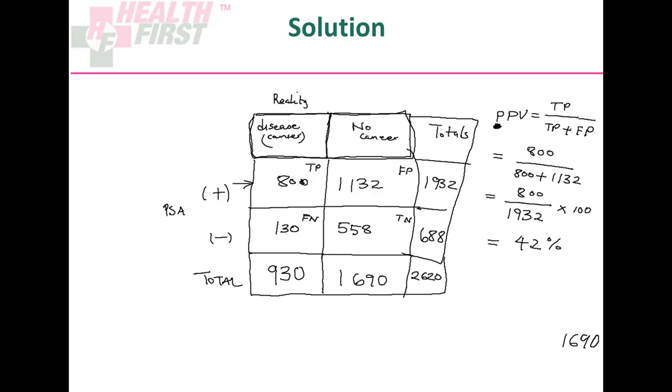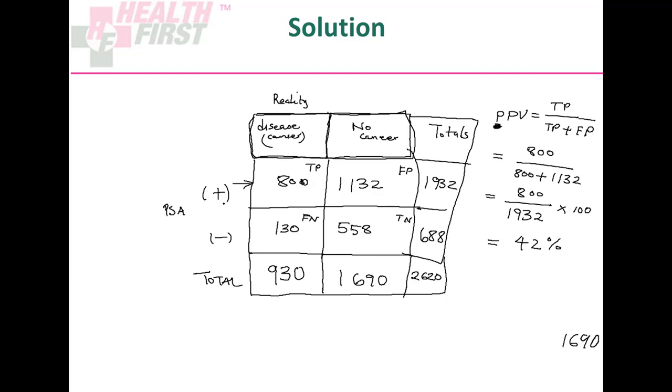So the question also says, what does this mean? So this means that in this particular study, the probability of having biopsy-proven cancer was 42% given a positive test result.